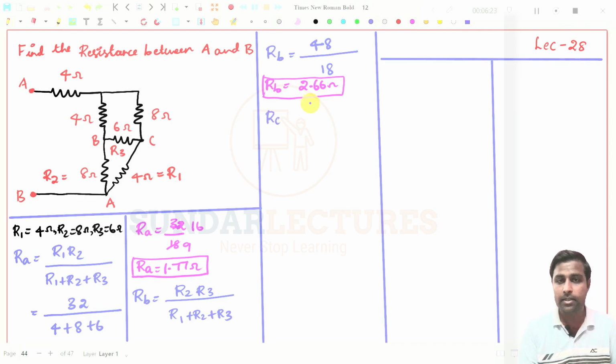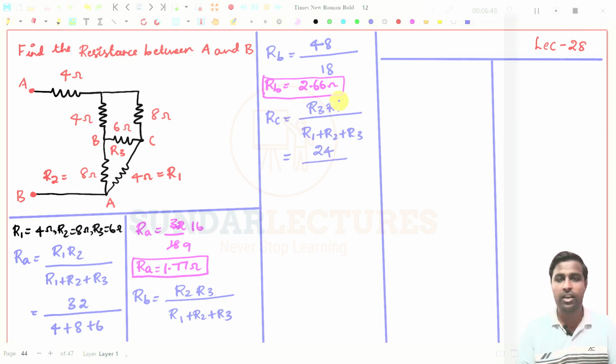So RC will be equal to, in the denominator it will be the same, R1 plus R2 plus R3. And in the numerator, if this is RC, then it will be R3 into R1. So R3 is what here? 6 into 4, so you will get 24, divided by 18.